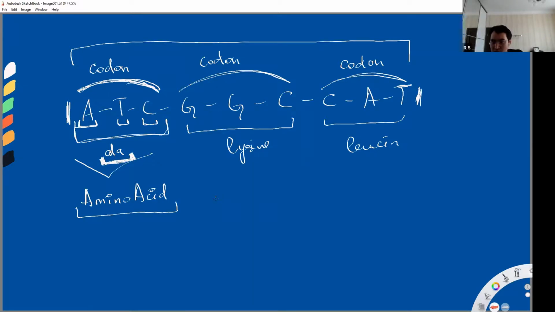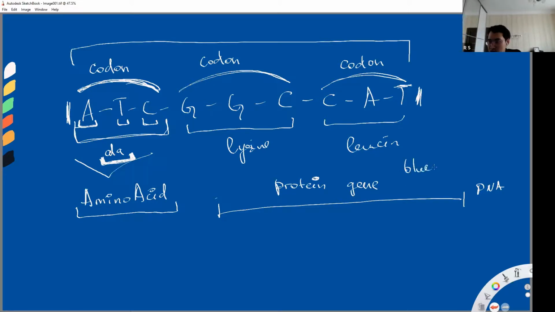So again, whenever we have DNA, and it encodes a protein gene, this is the blueprint of the protein, okay?